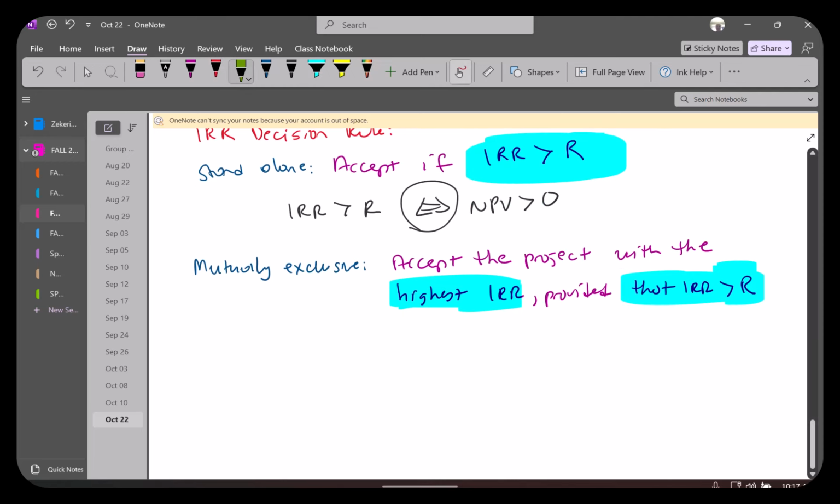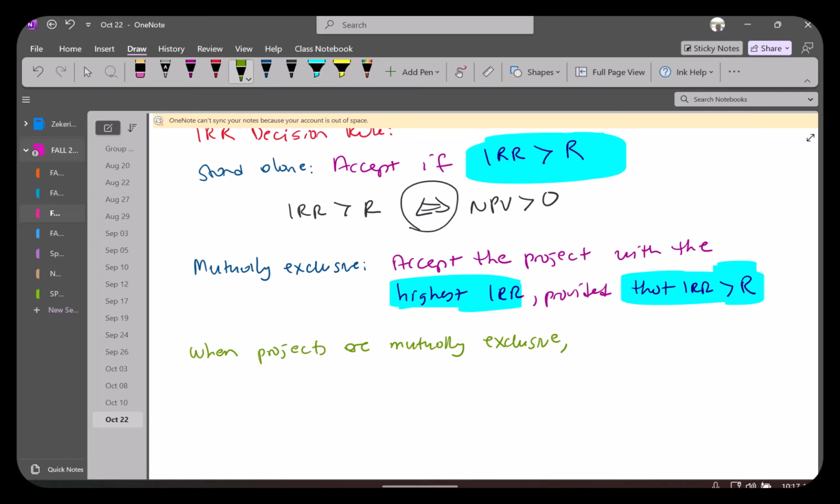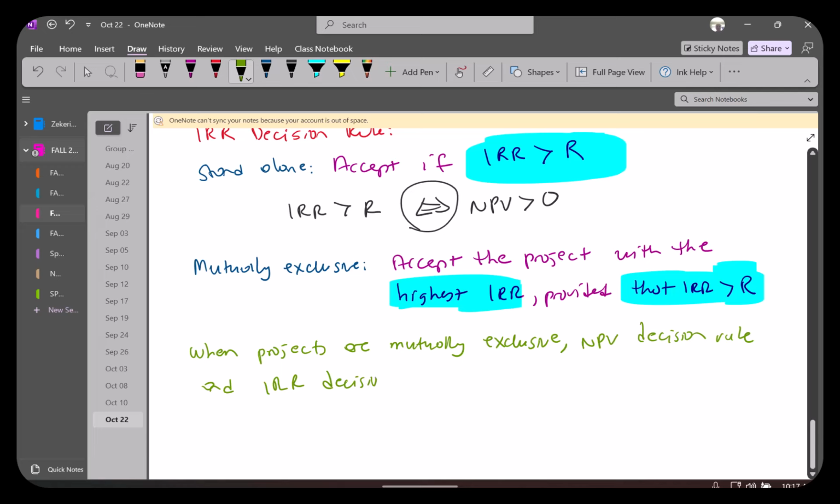Another problem with IRR: when projects are mutually exclusive, and this is independent of conventional or non-conventional, the NPV decision rule and IRR decision rule may give conflicting decisions.